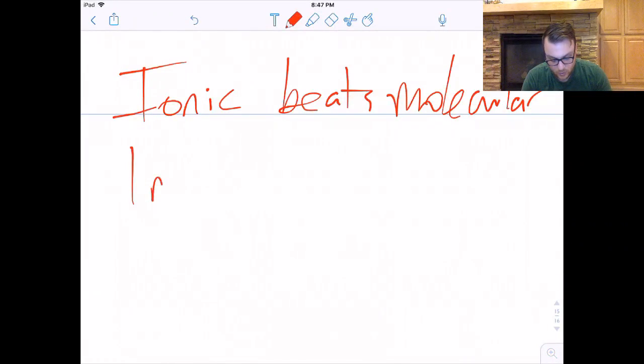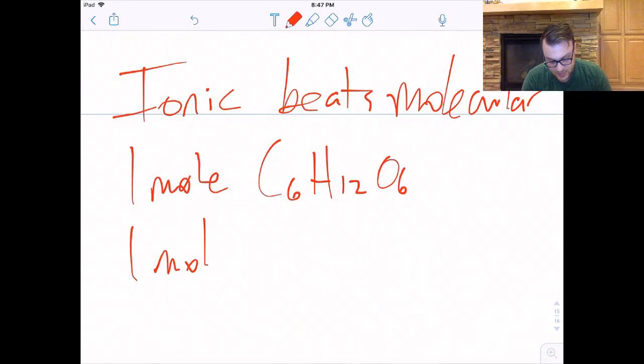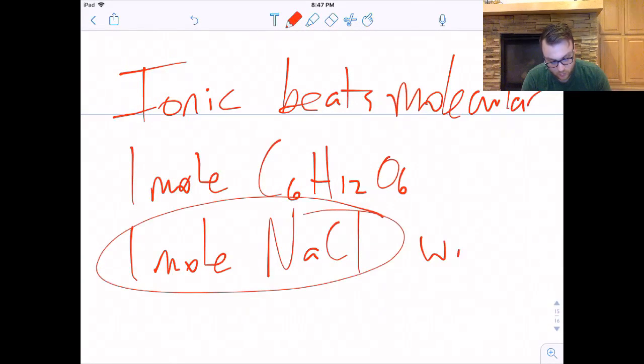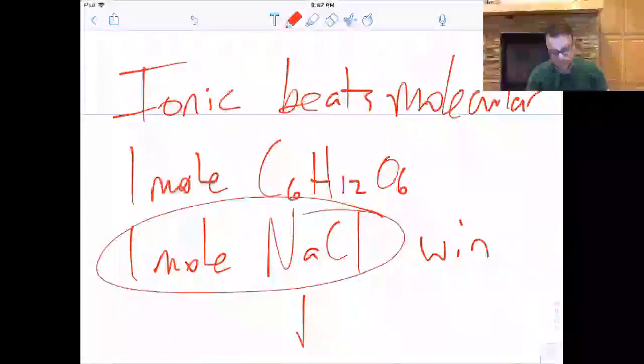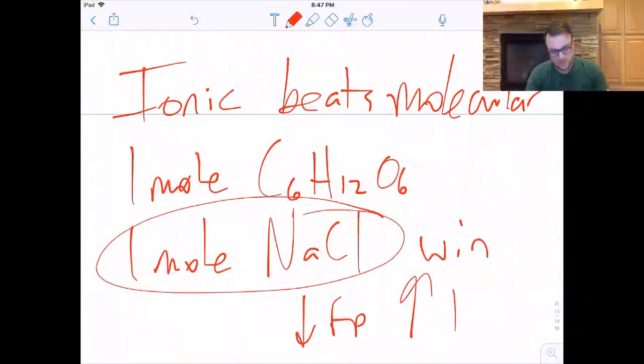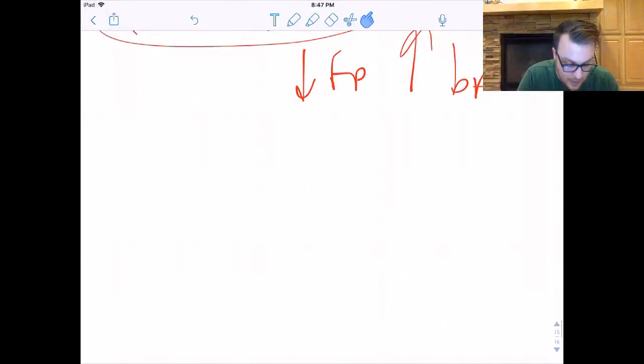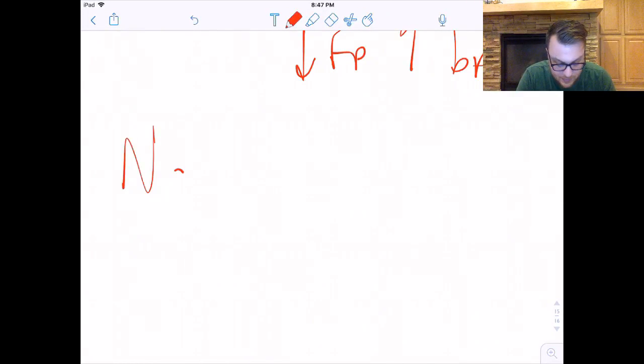If you're comparing various ionic substances, more ions win. So if these are all 1 mole, NaCl is Na+ and Cl-.